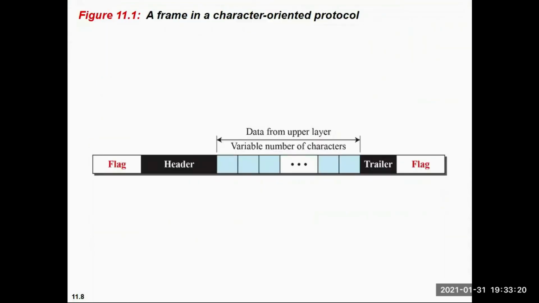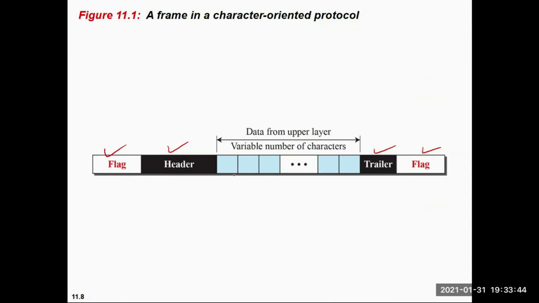The first thing in framing we will discuss is the character-oriented protocol. In this frame you can see that the header is there, the trailer is there, and flags on both sides. And this is the data from the network layer, the data from the upper layer, with a variable number of characters.